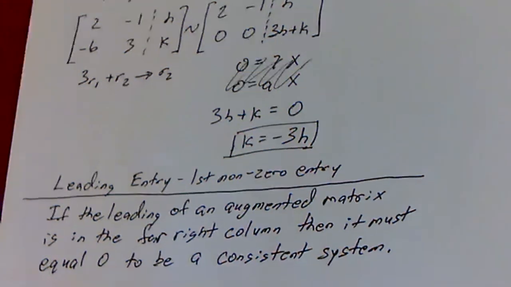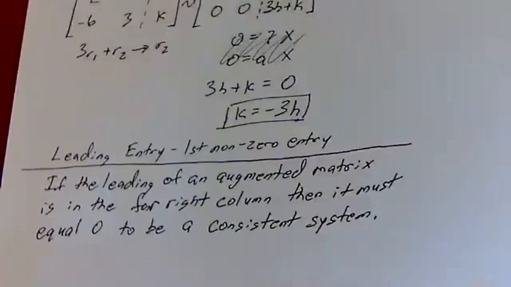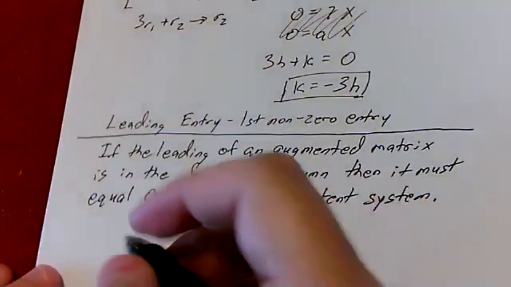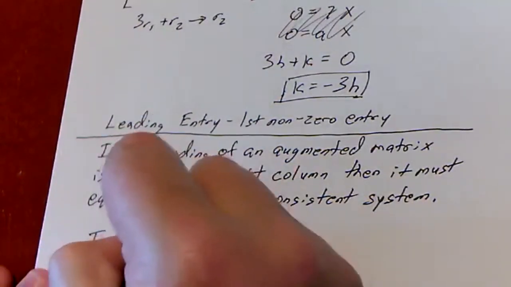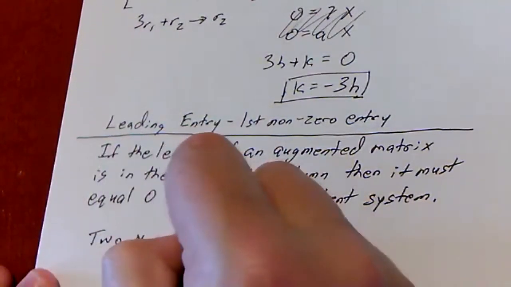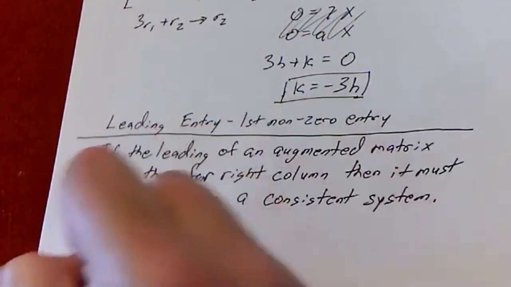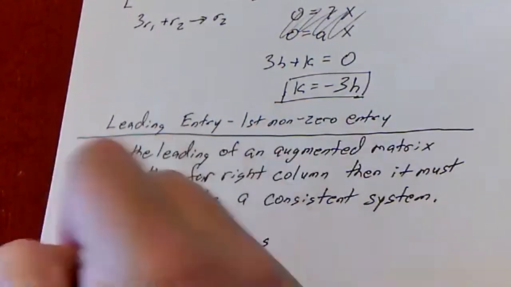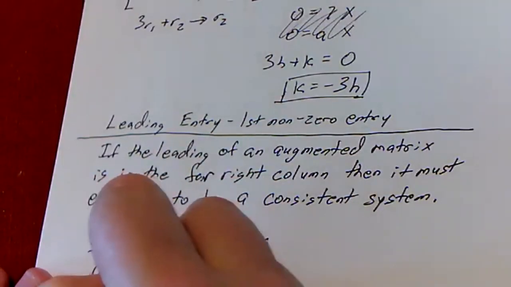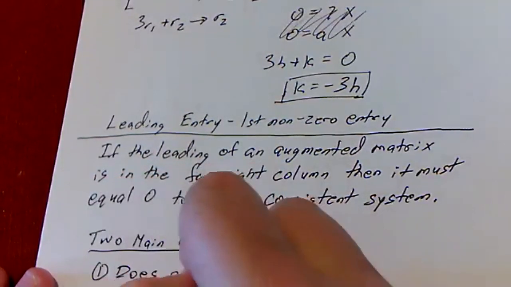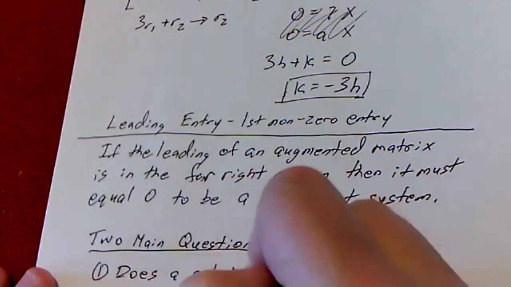So there are 2 main questions that we're going to pursue as we go forward into our next sections. So to wrap up here, section 1, 2 main questions. First question is, does a solution exist?